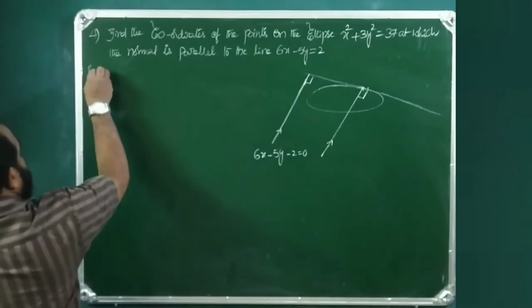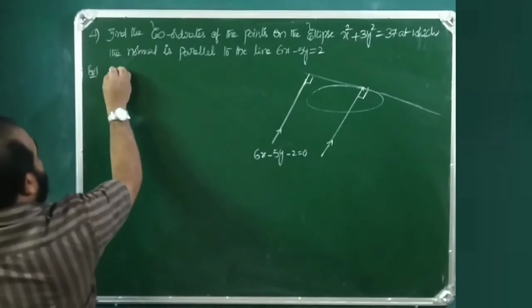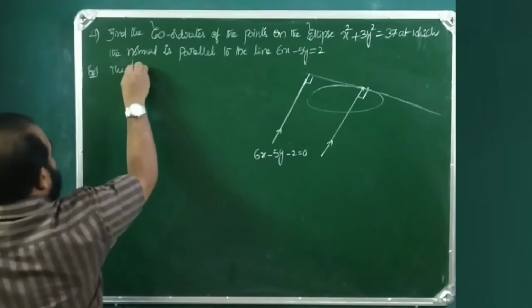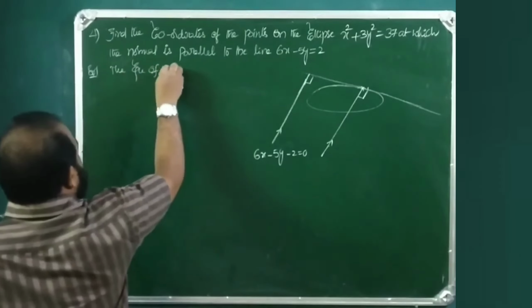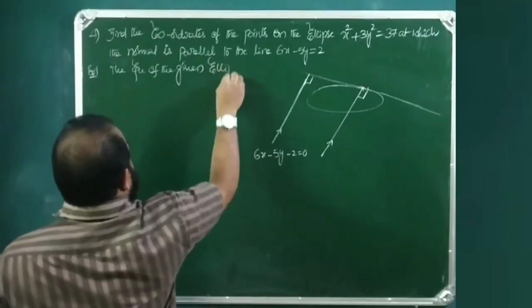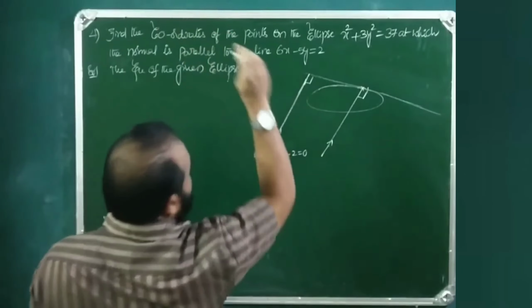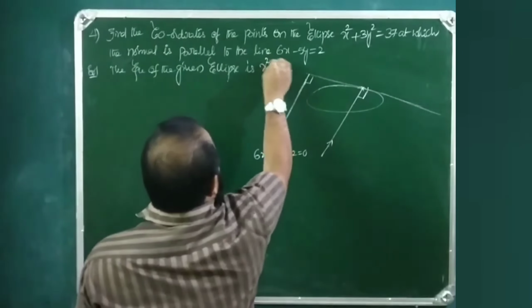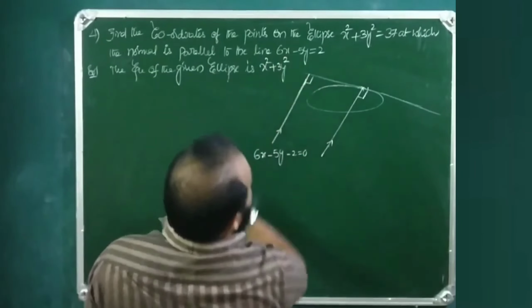So the equation of the given ellipse is x square plus 3y square equals to 37.